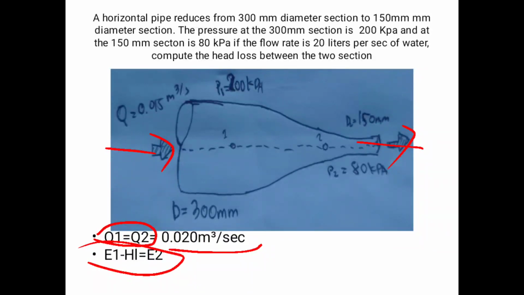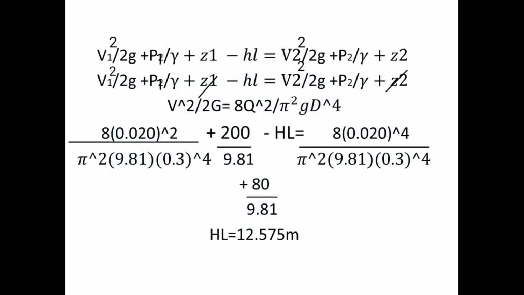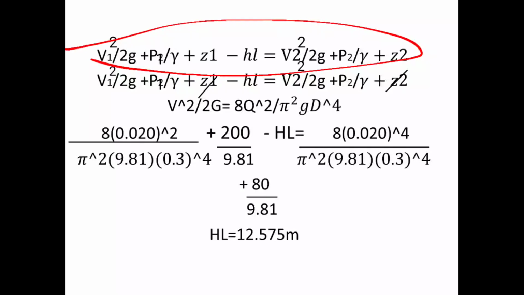So we will proceed by the real formula. So the formula that we will going to use here is this one, which is velocity 1 squared over 2 times the gravity plus the pressure 1 over the rho plus the elevation, or the Z1, minus the head loss is equals to velocity 2 squared over 2 times the gravity plus the pressure 2 over rho plus the elevation, or the Z2.